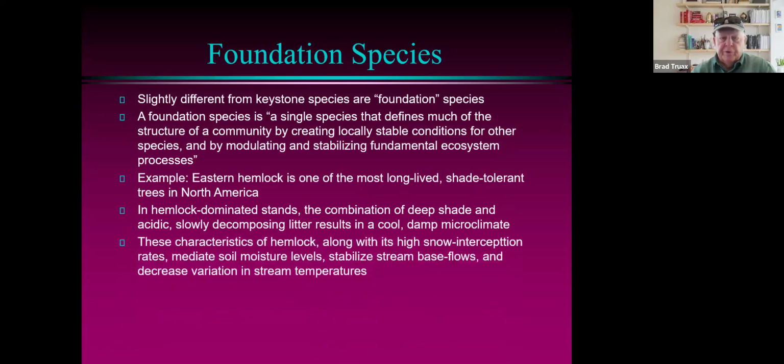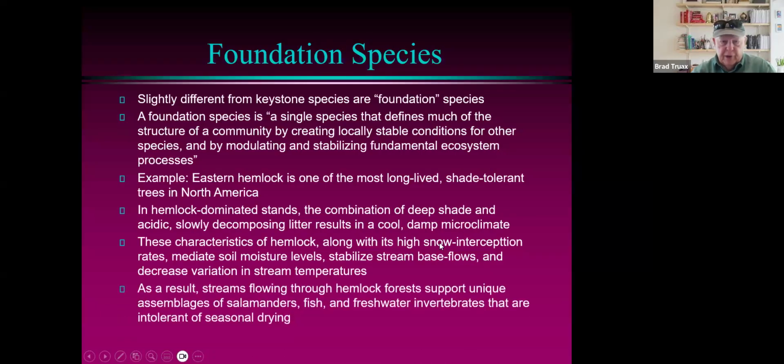So these characteristics of the hemlock, along with its ability to intercept falling snow, tend to mediate moisture levels in the soil. It stabilizes base flows in streams and decreases the variation that occurs in stream temperatures.